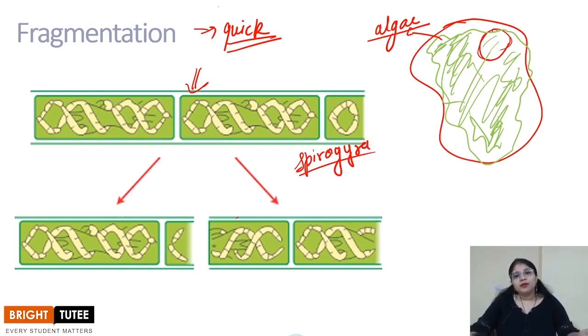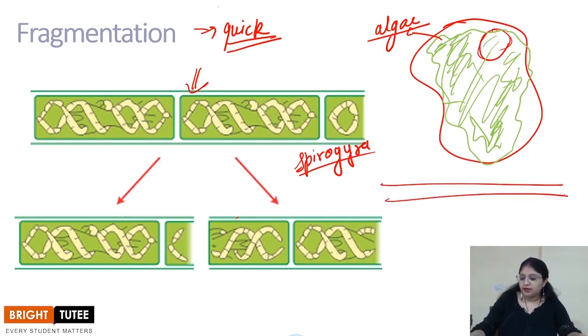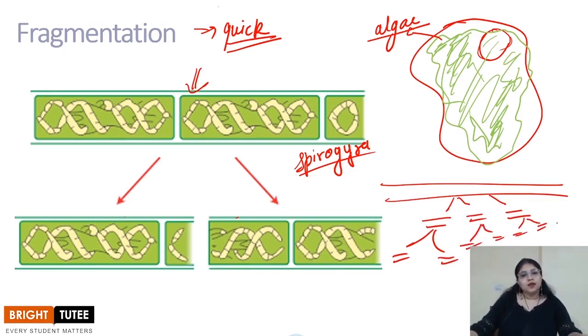This is a long ribbon-like algae which, once it grows to a proper size, breaks into two or more parts, right? Then this further breaks into two or more parts. So you can imagine how much growth is taking place, and it's quite rapid. That means it occurs quite quickly. That is why in very little time we see that the whole pond is covered with green algae.